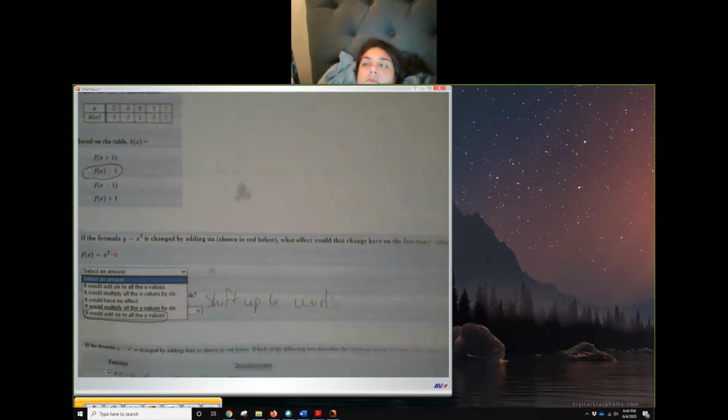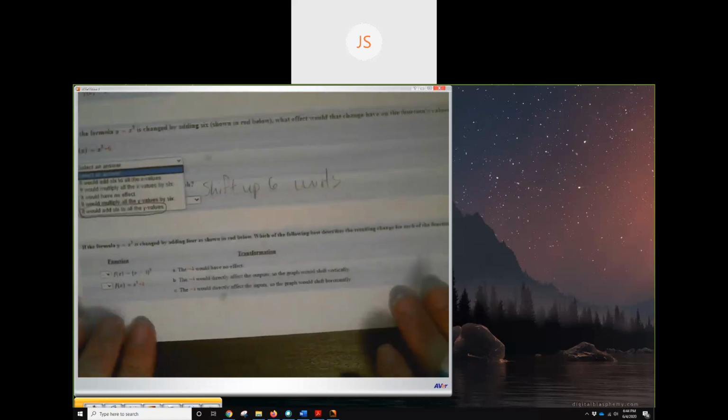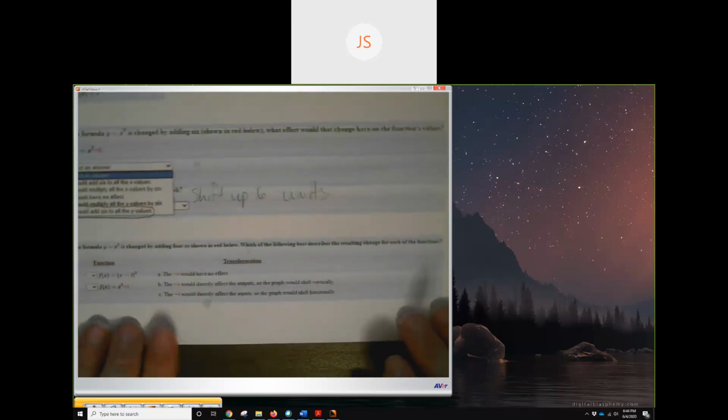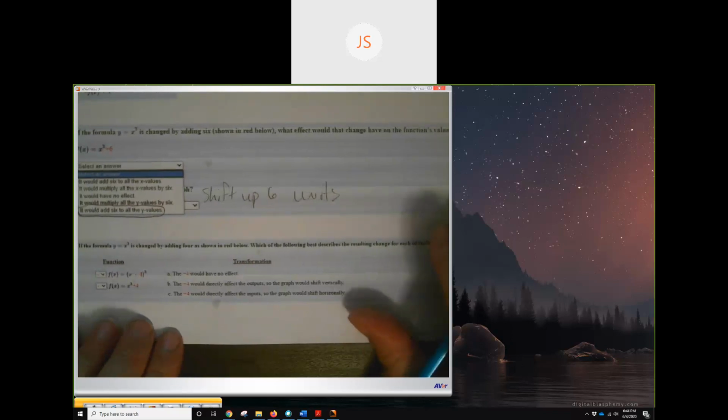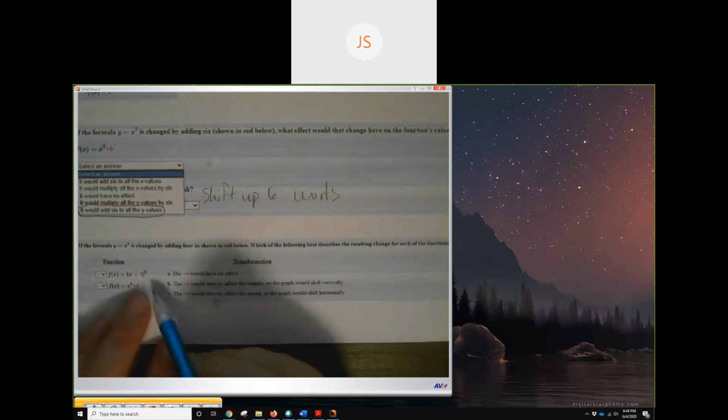I tried to get a random grouping of the types of questions you would see, because I feel like sometimes it's not even about the actual question being asked, it's more about how they're asking it. So here, if I have f of x plus 4, inside the parentheses is a horizontal change. Because it's inside, it's a horizontal change.